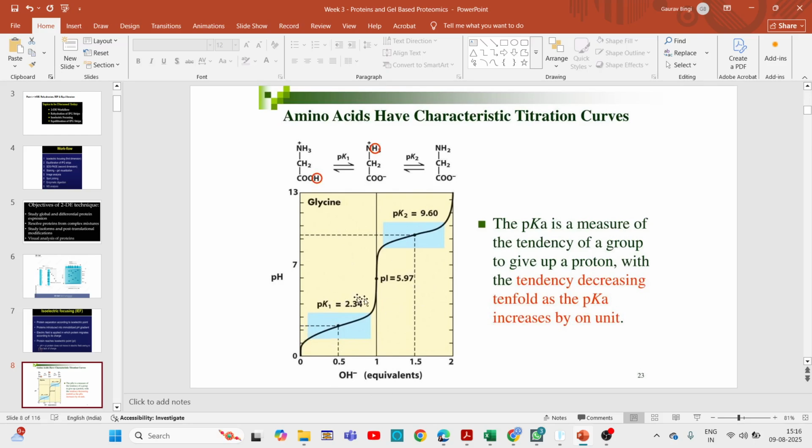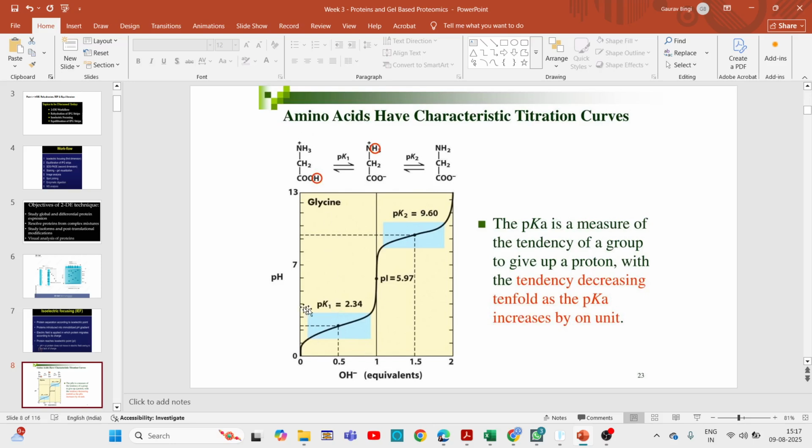So depending upon that, at a lower pH, if you can see at 2.34, so at lower pH, what is the case? There are more H plus ions, right? In an acidic pH. So because of that, all those H plus ions will come to the amino acid, and all H will be filled. And because of that NH3 plus, there will be a positive charge.